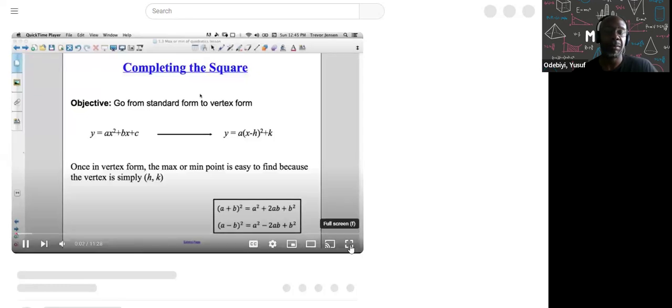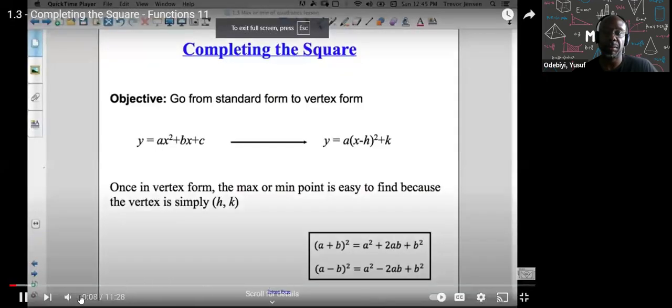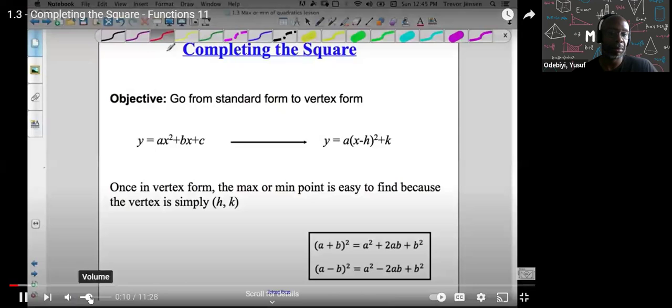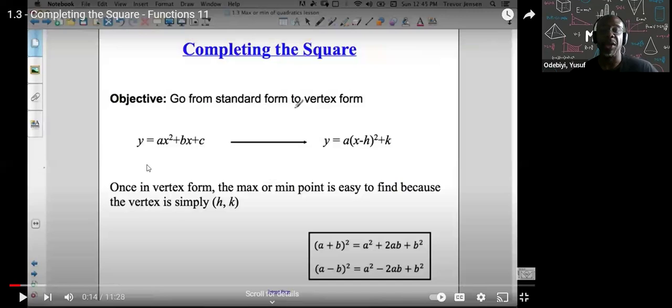Here's just a quick lesson on completing the square. This is designed to be a refresher lesson reminding you of the method of completing the square.